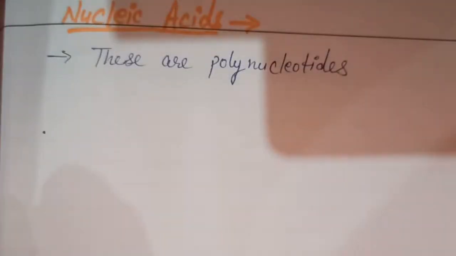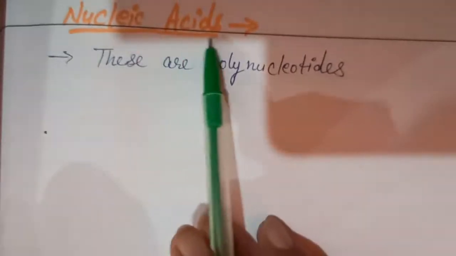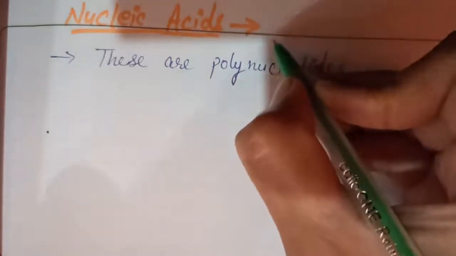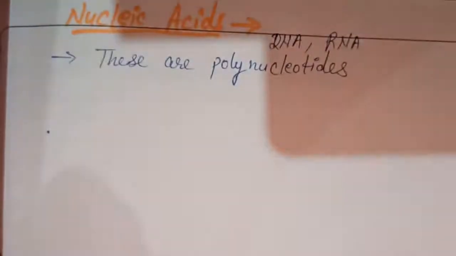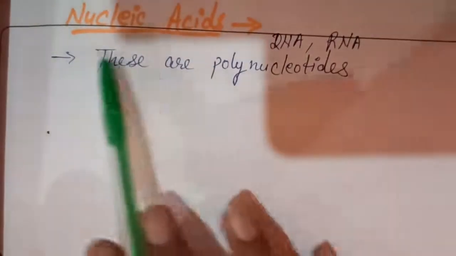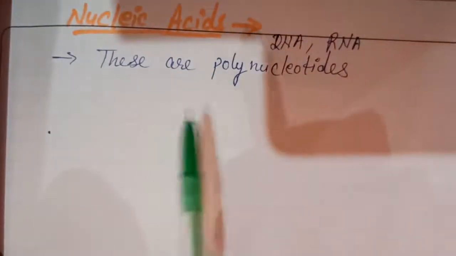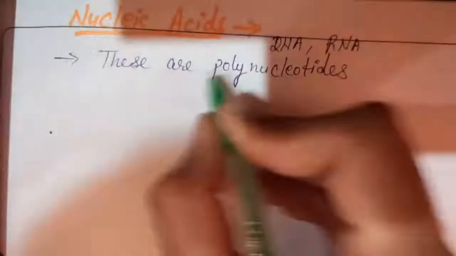After protein structure, our next topic is nucleic acid. So here we will discuss the structure of nucleic acids also. Now you know what nucleic acids are. These can be DNA or RNA, right? So these nucleic acids are basically polynucleotides. Now you know about polynucleotides.